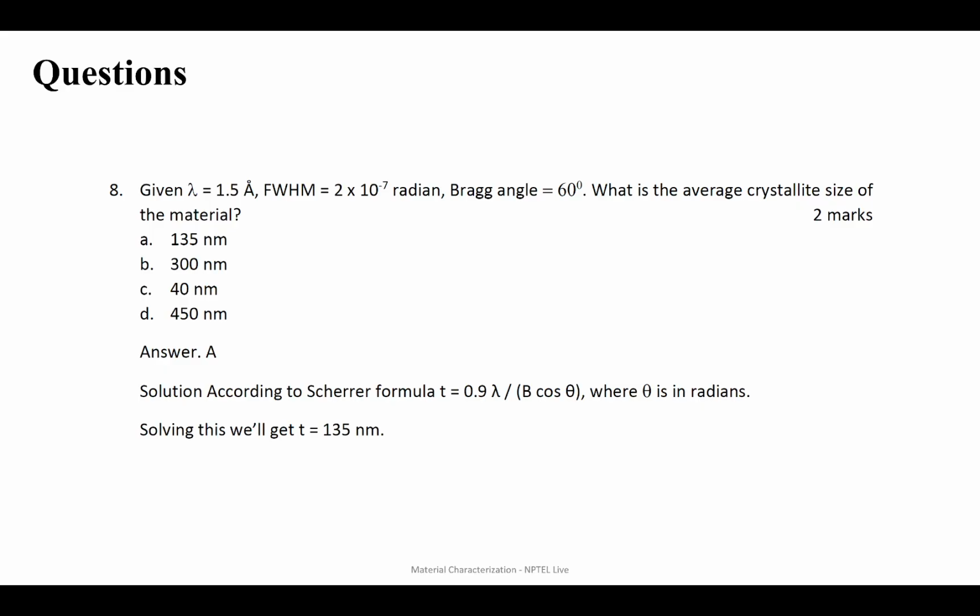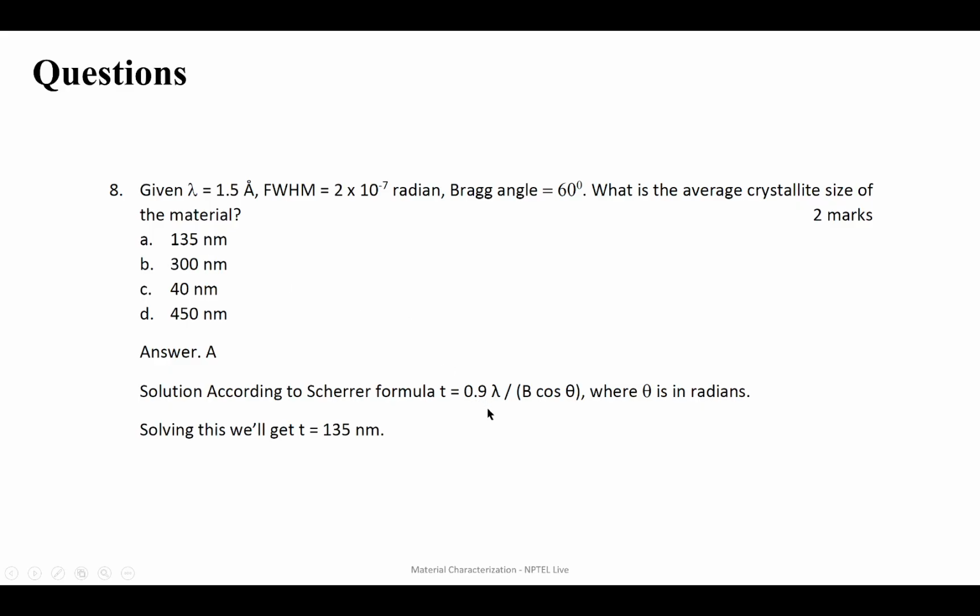The correct answer would be T equals 135, but it won't be 135 nanometer actually. It will be 0.9, and cos 60 would be half. So 2 into 10 to the power minus 7 into half will be 10 to the power minus 7, which will come into the denominator. 0.9 into 1.5 would be 1.35.